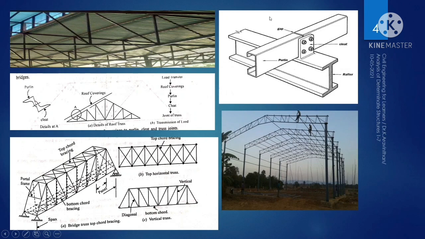So the load coming from the sheets is transferred to the purlin, and the purlin load is transferred to the cleat, and the cleat transfers the load to the rafter. So this is known as the rafter, and the rafters transfer the load to each and every member, and it transfers to the column support.